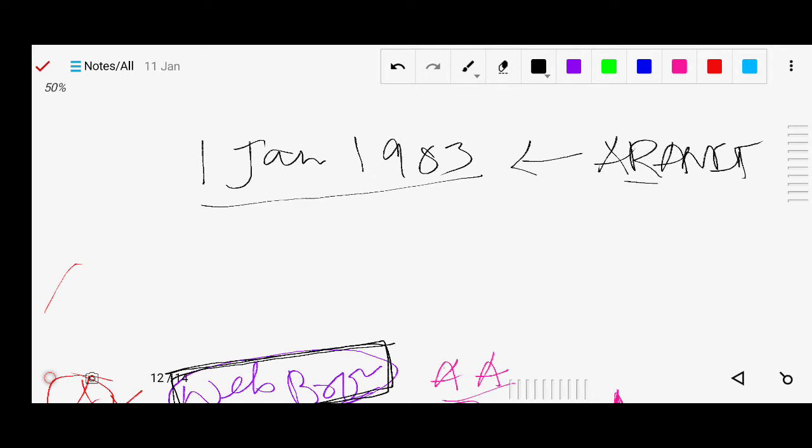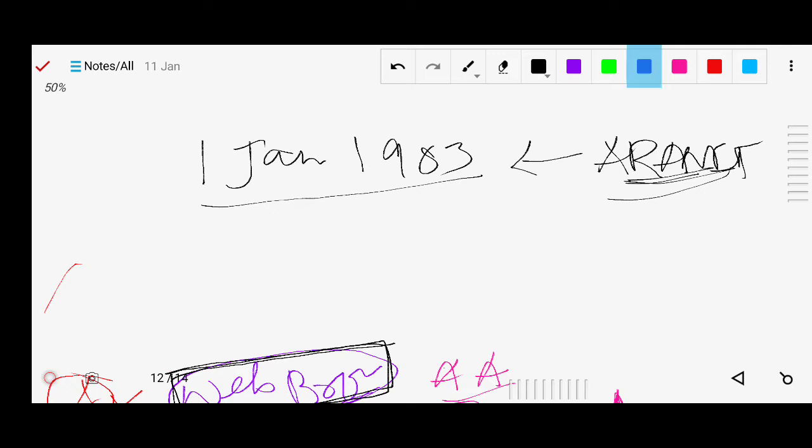Sorry, on 1st January 1983, it was given by ARPANET, but it was not for public use, it was private use. It was used by the defense of the US, I think, and they were using this internet facility on 1st January 1983 for their own purpose, for exchanging their data.